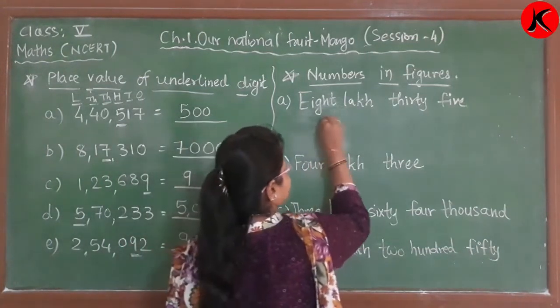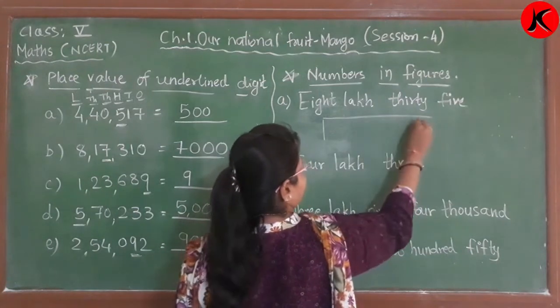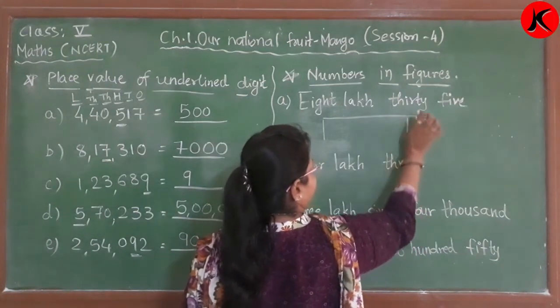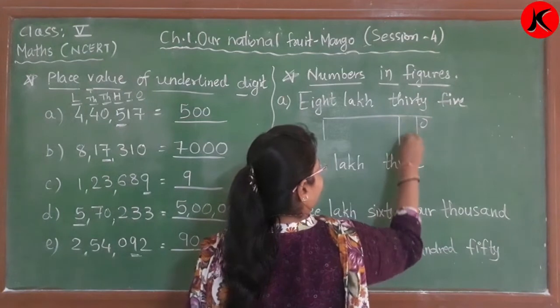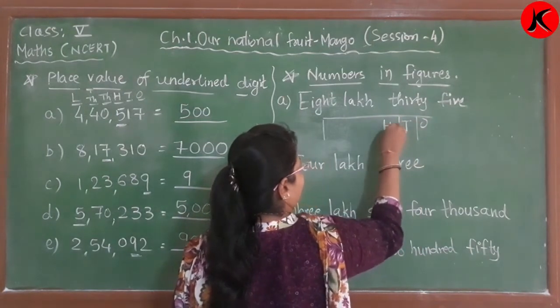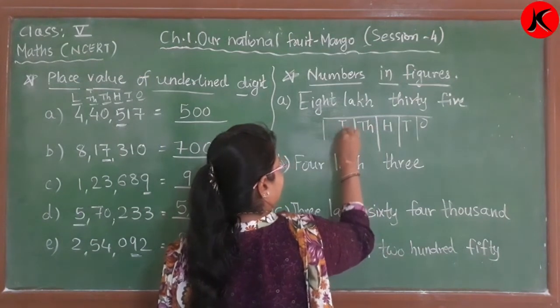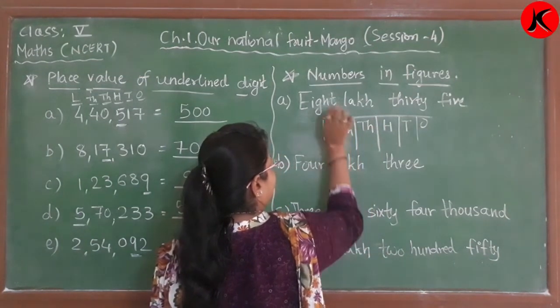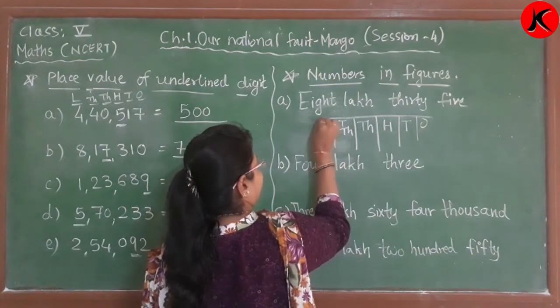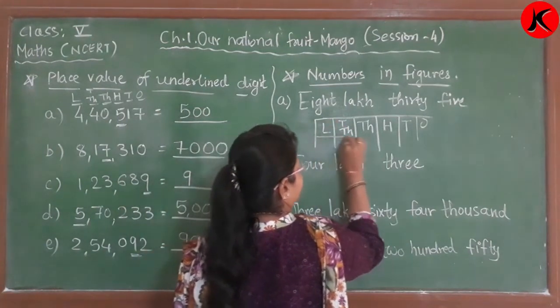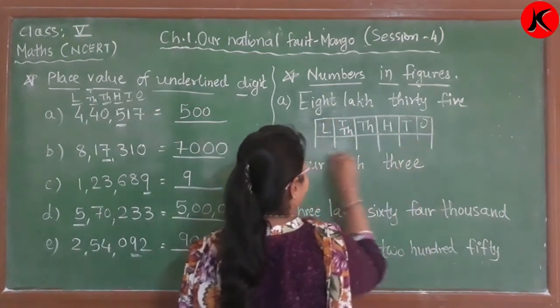How to draw the place value table? Here the ones, tens, hundreds, thousands, 10,000s and lakhs.